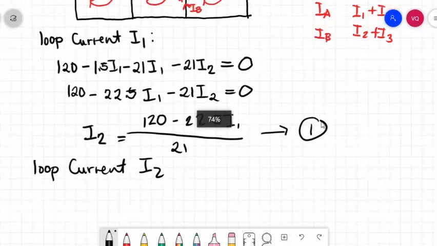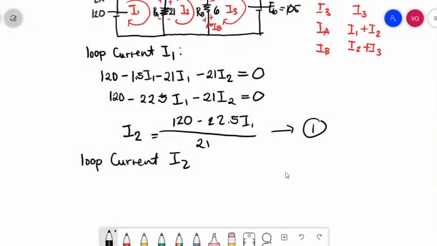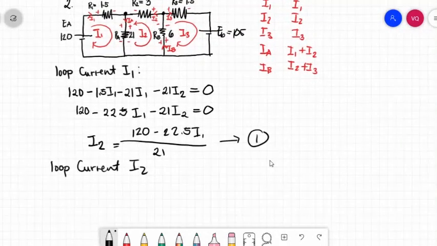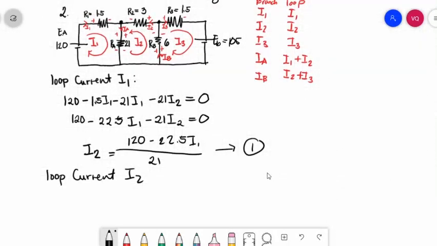At equation 2, loop current I2. So, starting here at the top. Entering into a positive sign of R3, we will have negative 3 I2. Entering into a positive sign of RA, so minus 21 I2.